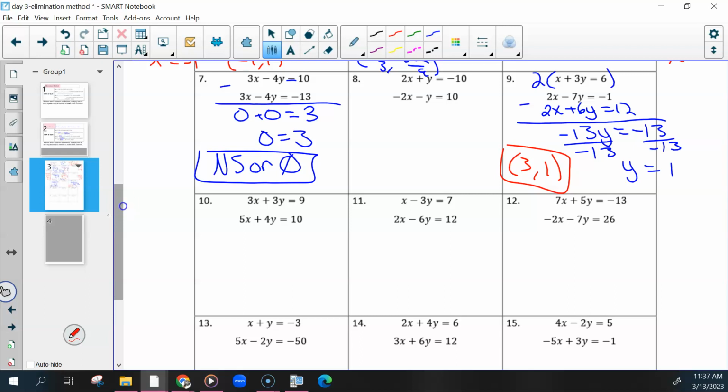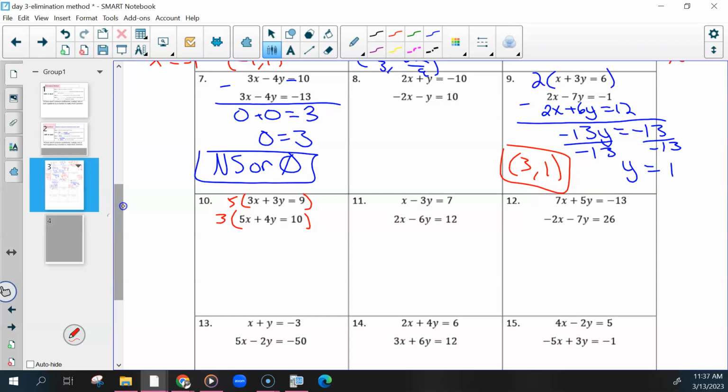We need to think of something that these both go into that we can multiply them to get to that number. So think of some number that these are both factors of. 15. So we'd have to multiply the first one by 5 and the second one by 3. So you're going to end up changing them both.